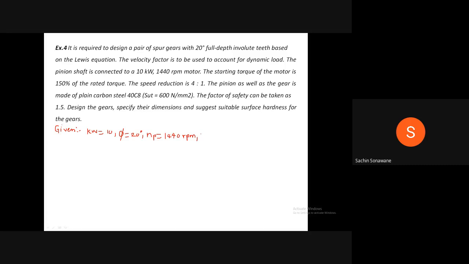Then they are given starting torque of the motor is 150% of the rated torque, means CS value they are given. CS is equal to 1.5.